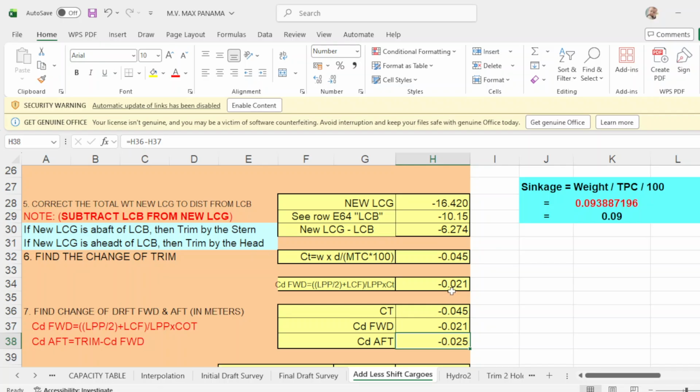What is H36? Change of trim minus your change of drop forward, that will be your change of drop up.